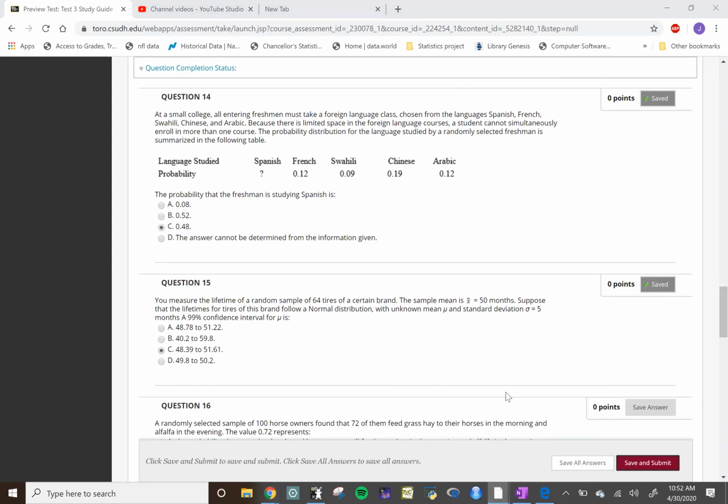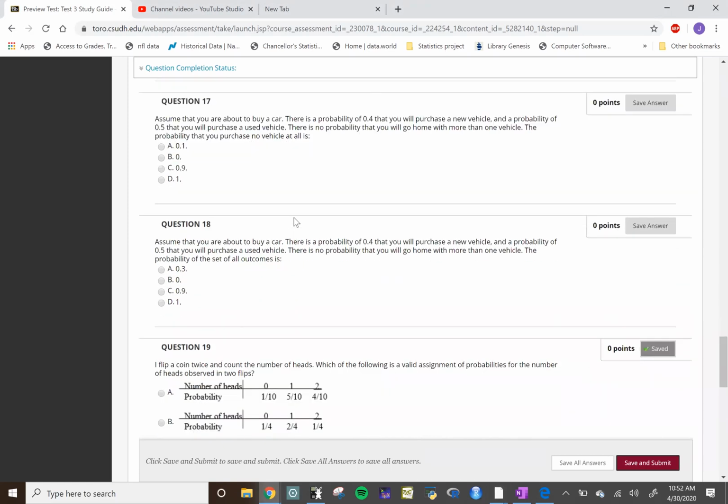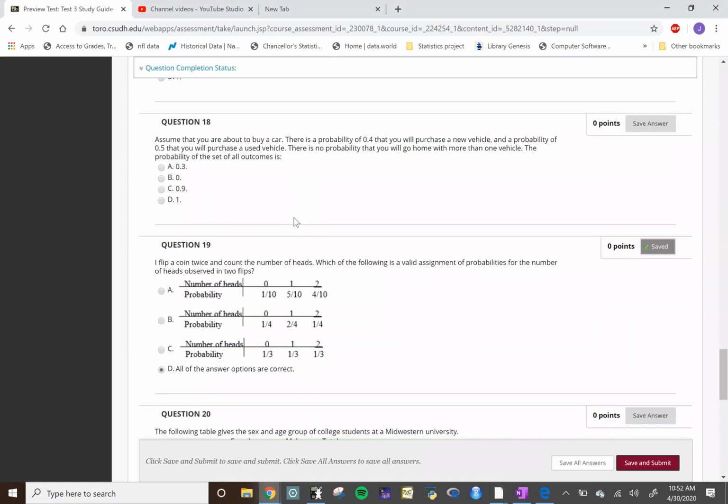All right, and I think there was one more, number 18. So let's do 18. This one says, assume that you are about to buy a car. There's a probability of 0.4 that you will purchase a new vehicle and a probability of 0.5 that you will purchase a used vehicle. There's no probability that you will go home with more than one vehicle.